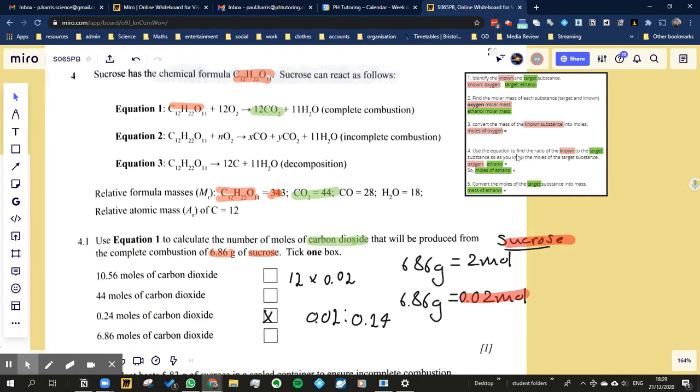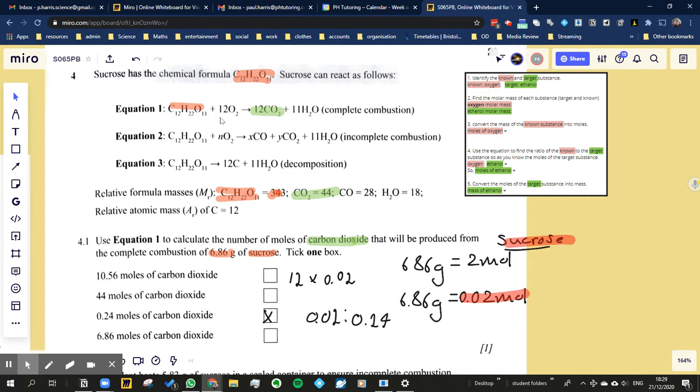Now, stage 4 says use the equation to find out the ratio. So this equation tells us that if I had 1 mole of that, then presuming I've got enough of everything else, I could get 12 moles of this. So the ratio of the target to the known is 1 to 12.